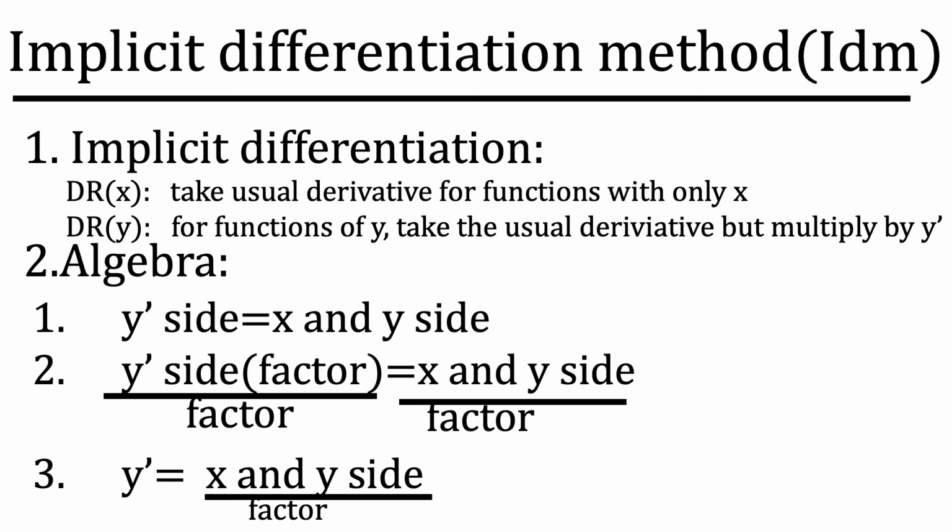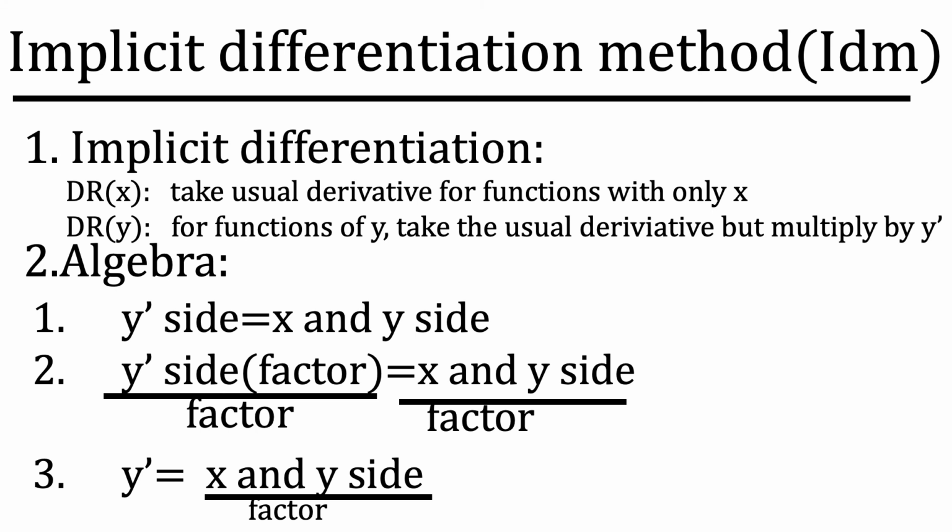The derivative rules for x are just to take the usual derivative for functions with only x. And the derivative rules for y are to take the usual derivative but multiply by y prime. And then comes the algebra.